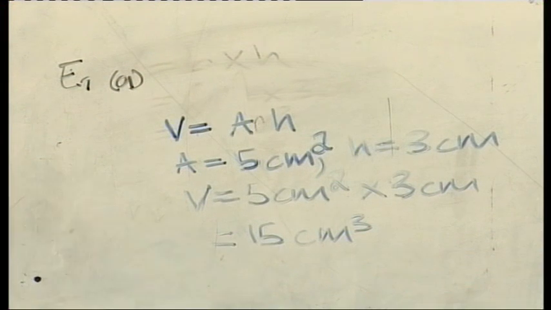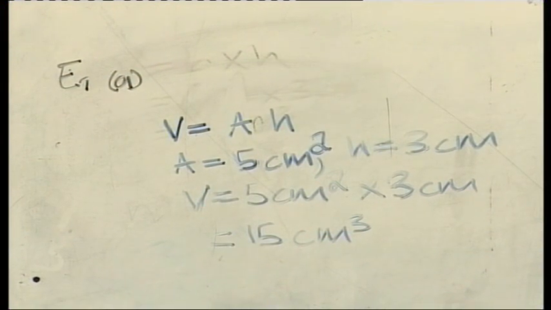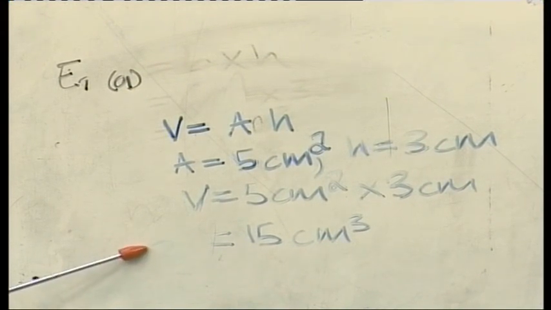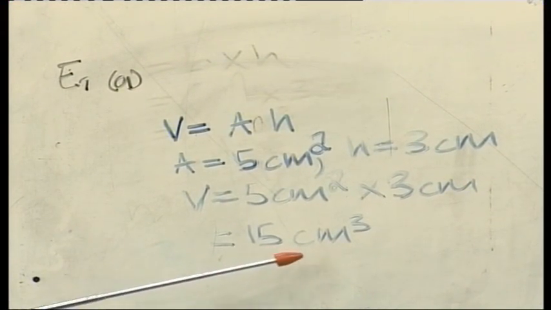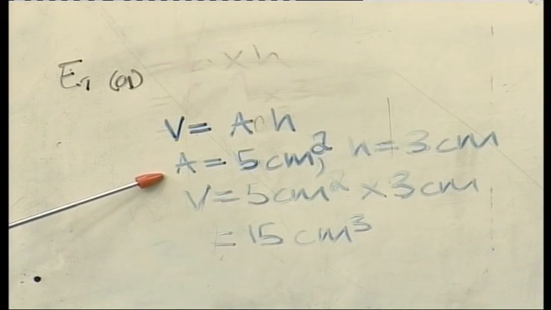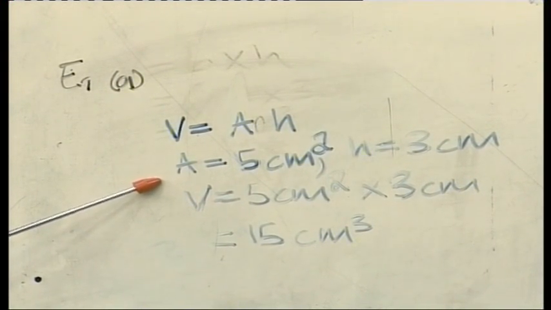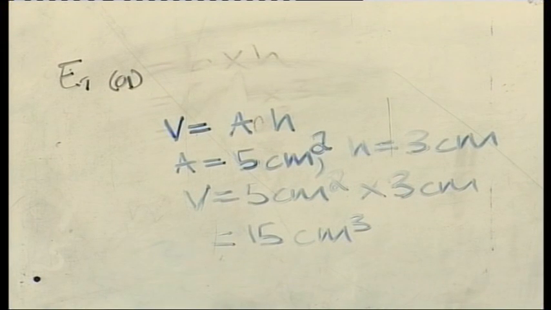The answer to exercise number 1: volume is equals to 15 cubic centimeter, where the area of the base of the prism is equals to 5 square centimeter and the height 3 centimeter.